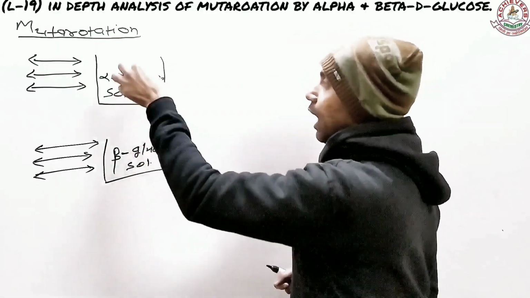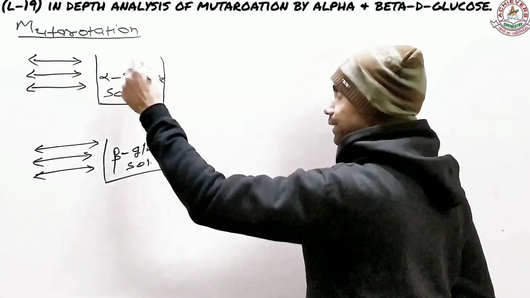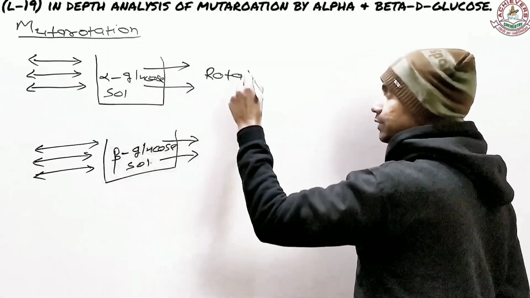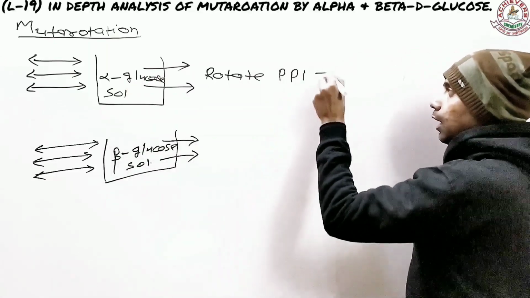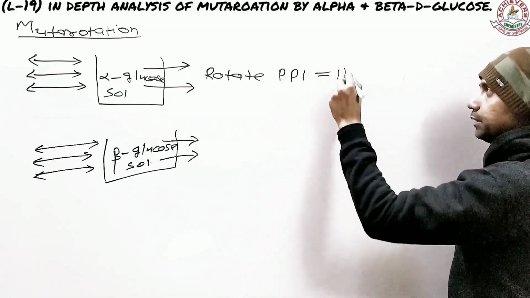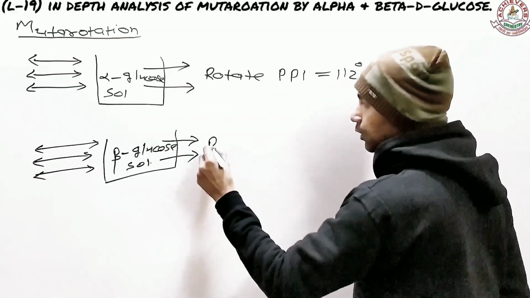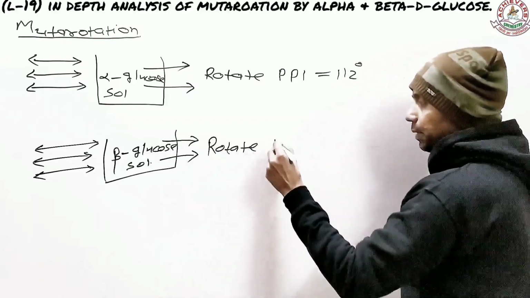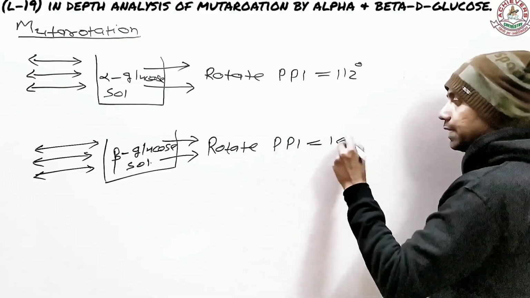Now the question is how much rotation each causes. Pay attention, this is really important. The alpha glucose solution will rotate the PPL, plane polarized light, by about 112 degrees, and similarly the beta glucose solution will rotate it by around 18 degrees.